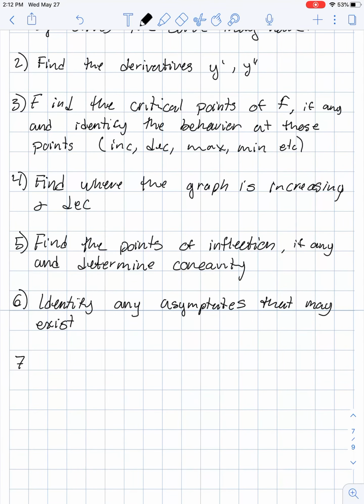And then once we have all of that, we're going to plot our key points. So intercepts, and points found in steps 3 through 5.